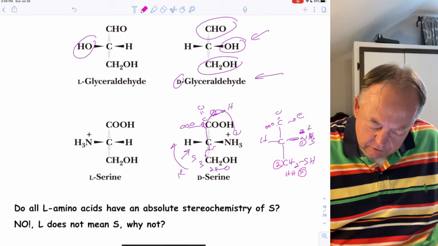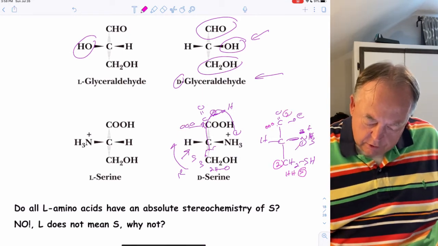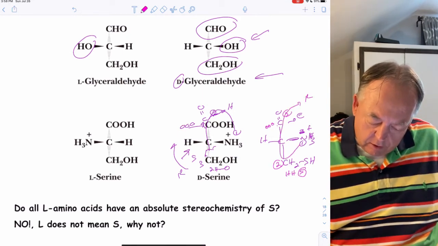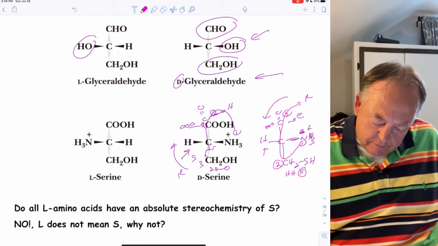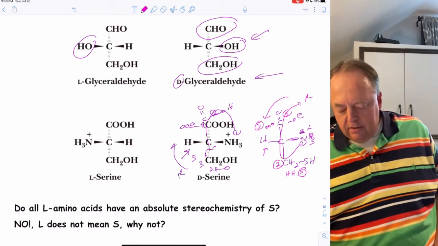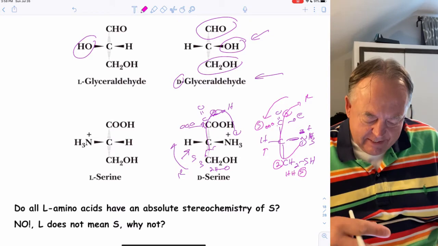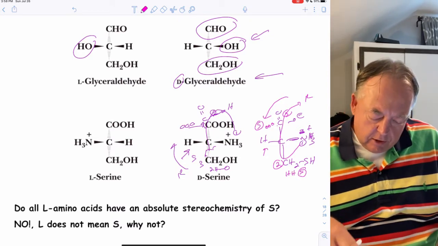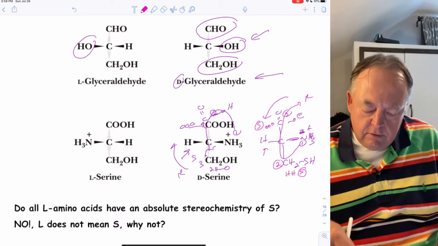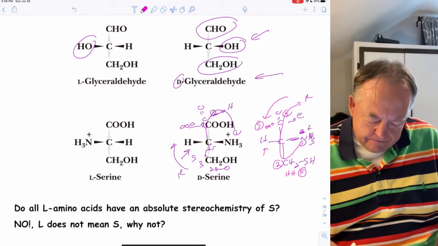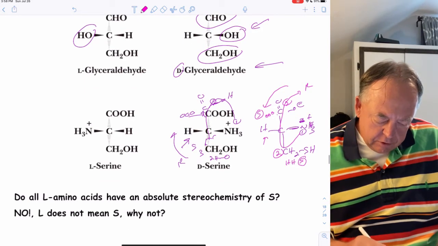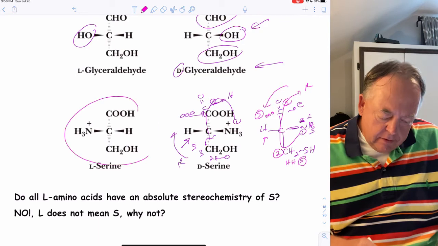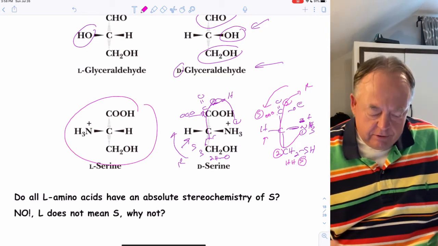So now this is 2 and this is 3. So now 1 to 2 to 3 is clockwise, that would be R, but this is horizontal, so you have to flip it, so it's S, right? So L does not mean S, D does not mean R. It all depends on what the priorities of the different groups are. But most amino acids are in the L configuration.